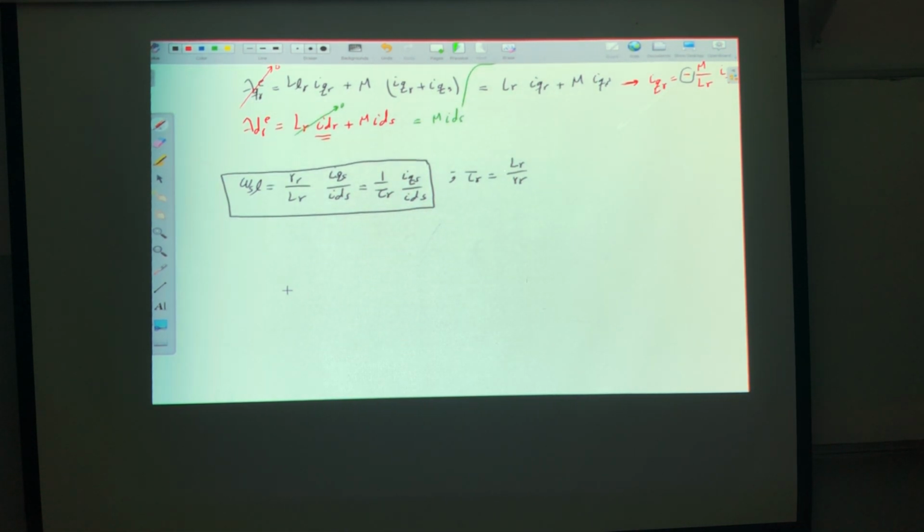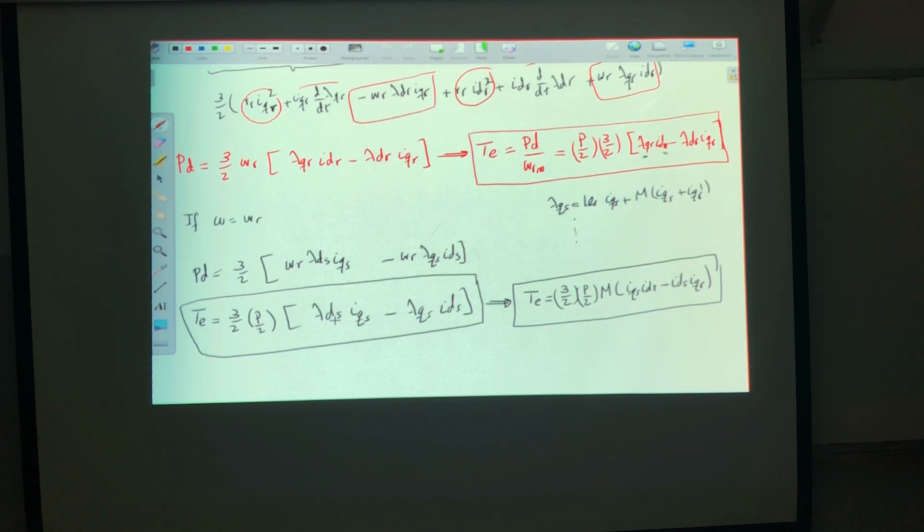Now TE can be written as 3 over 2, P over 2, IQS lambda DR, and the previous one was lambda DS IQS.